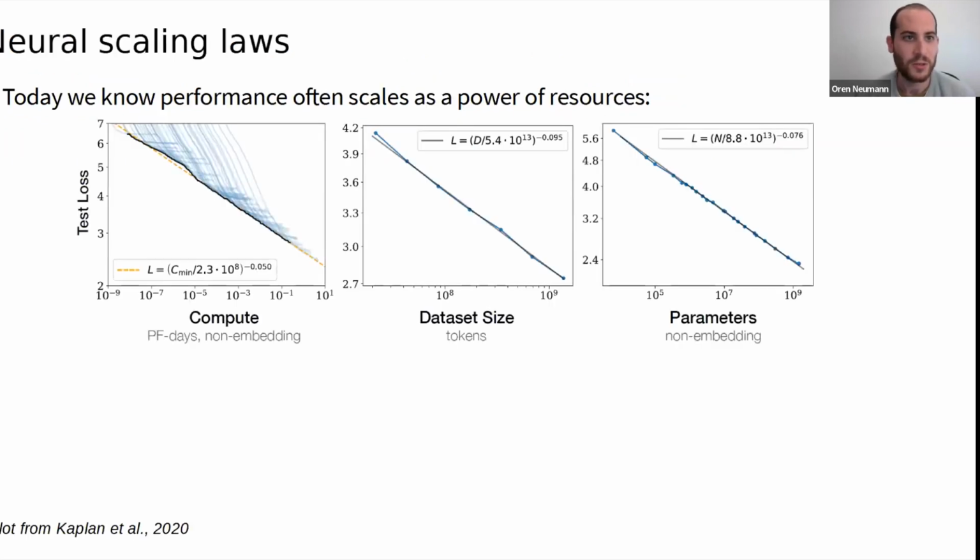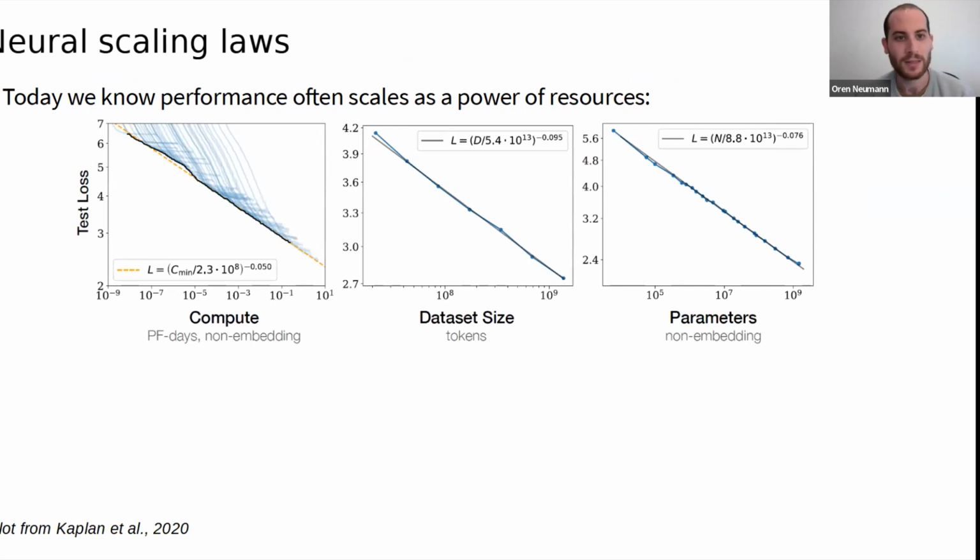And this brings us to neural scaling laws. So this plot is from a pretty famous paper by OpenAI. And what you see here, these are three plots. They all show the test loss of a large language model, an autoregressive transformer. It's trained to receive a bunch of words and then predict the next word in the sequence.